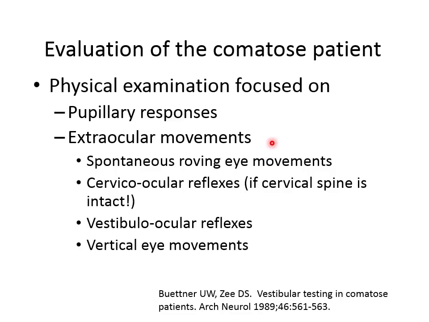The extraocular movements that we look at are spontaneous roving movements of the eyes, cervical ocular reflexes if the cervical spine is intact so that you can turn the head, the vestibular ocular reflexes, and vertical eye movements. These are measuring different portions of the brainstem from the third nerve all the way down to the sixth cranial nerve.